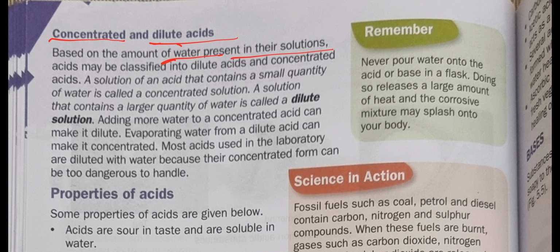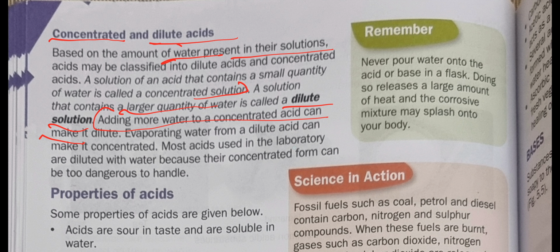A solution of an acid that contains a small quantity of water is called a concentrated solution. A solution that contains a large quantity of water is called a dilute solution. Adding more water to a concentrated acid can make it dilute. Evaporating water from a dilute acid can make it concentrated.